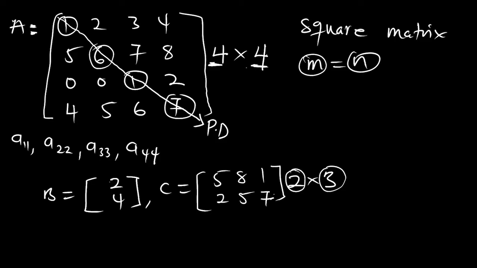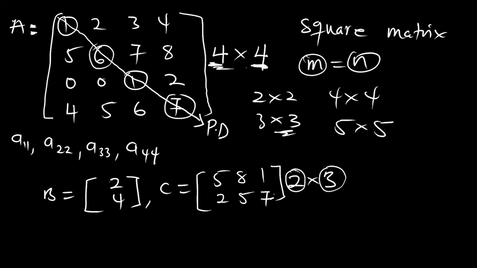Are we good? All right. So with this, we can find our principal diagonal anytime we have a square matrix, say 2 by 2, 3 by 3, 4 by 4, and 5 by 5. In this course, we are going to limit most of our analysis to 2 by 2 and 3 by 3 matrices.